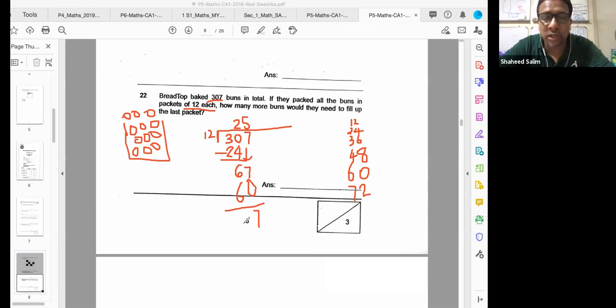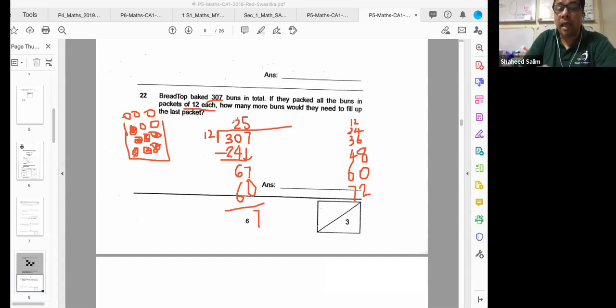Remember in the packet, you got 7 roti. How many more bread do you need? Okay, let's say now you put 1, 2, 3, 4, 5, 6, 7. How many more? I need 1, 2, 3, 4, 5. So I need 5 more pieces.